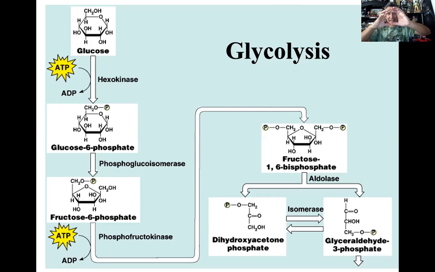We broke that hexagonal shape and went to a pentagonal form. So we can't call it glucose anymore, we call it fructose. Here we invest another ATP, and phosphofructokinase is the enzyme that generates fructose 1,6-bisphosphate. So we have a phosphate on one side, a phosphate on the other.